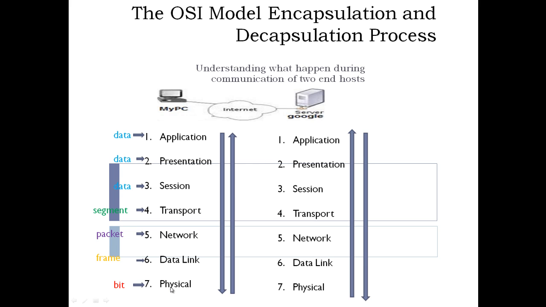So what I'm gonna do right now is show you what the data is gonna look like on each layer, starting from the transport layer all the way down to the physical layer. I will show you how the data will look when we are working with the OSI model.